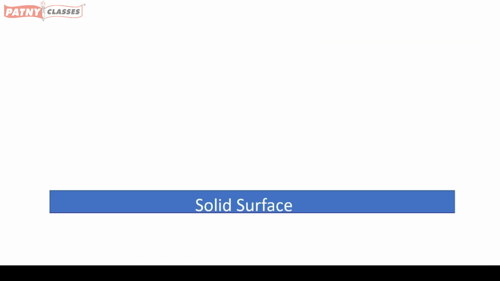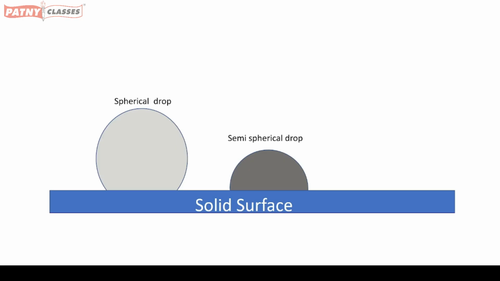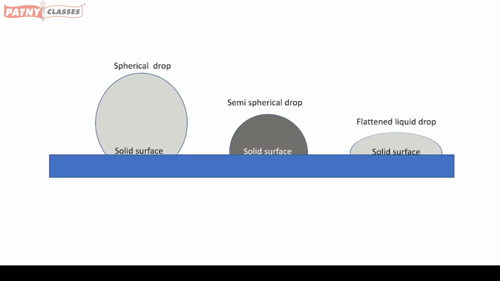Now consider different shapes of liquid drops such as a spherical drop, a semi-spherical drop and a flattened liquid drop. Now consider point A on each drop and draw a line touching the solid surface.